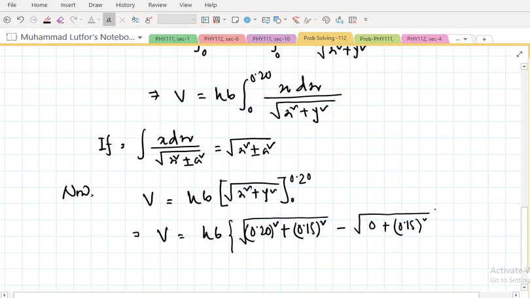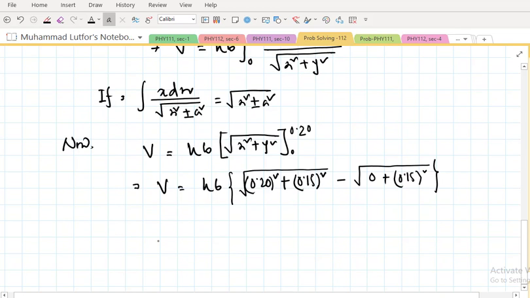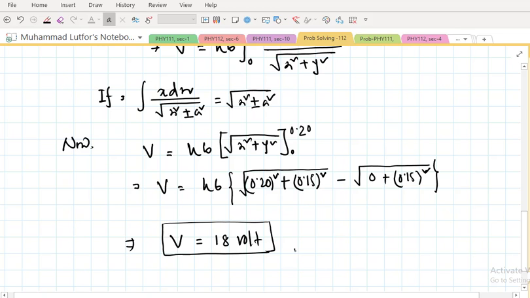I'm just plugging in the value of y, which is 0.15. Then if you solve this, you'll find that the potential on the y-axis at a distance 0.15 would be 18 volt. So this is the answer to question B. Okay, thank you very much.